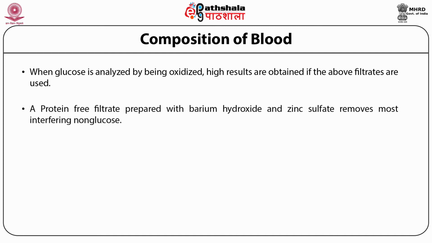A PFF prepared with barium hydroxide and zinc sulfate removes most of the interfering non-glucose reducing substances. This provides an essentially neutral PFF because the zinc hydroxide product is precipitated. The barium hydroxide reacts with the zinc sulfate and produces barium sulfate and zinc hydroxide.